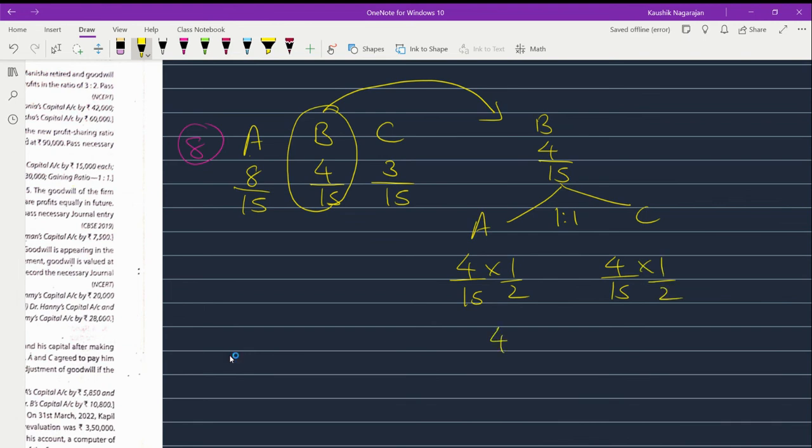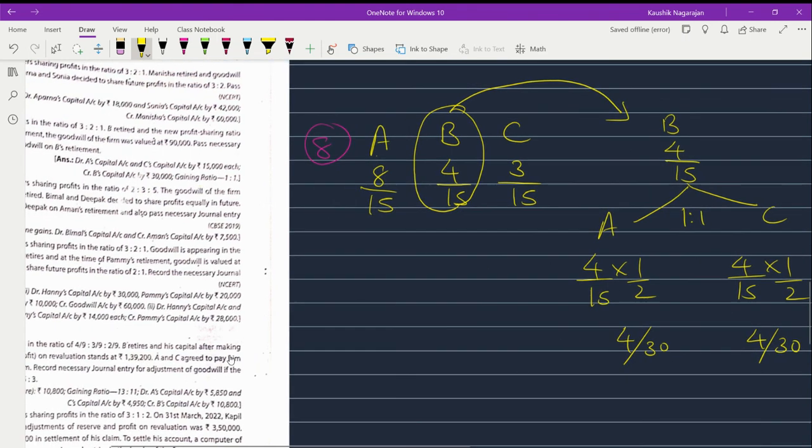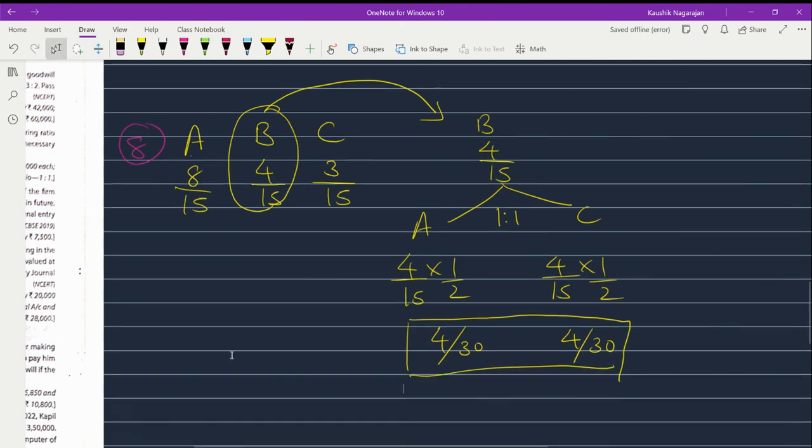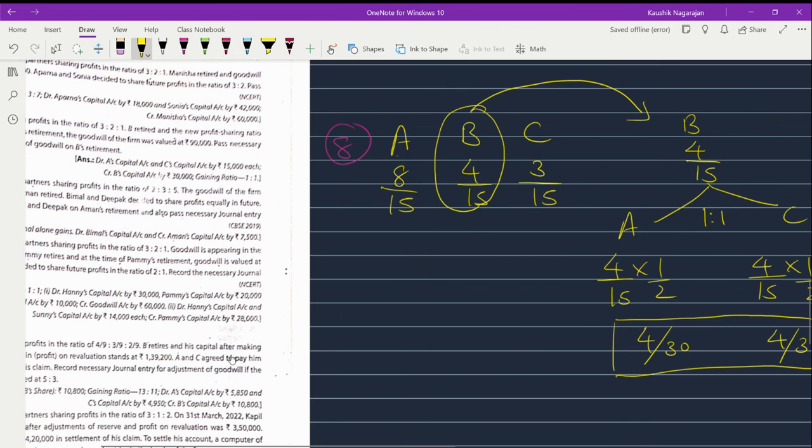So this will give you 4 by 30, and over here it is 4 by 30. This 4 by 30 and 4 by 30 is nothing but this is the gain which we have got it. Okay, so this is the gain which the partners have derived it from the retirement of partner B.